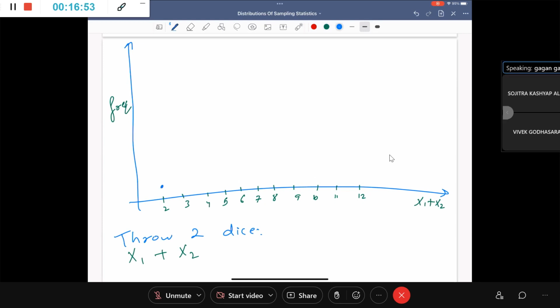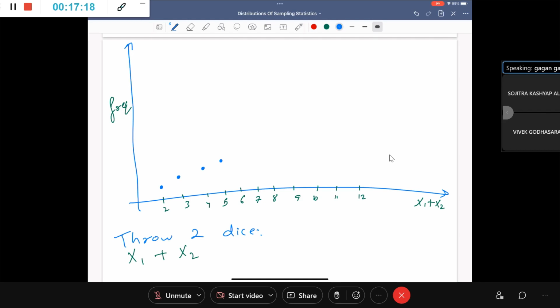What is the probability of getting a 3? 2/36. Double in height. What about 4? 3/36. Will it keep increasing forever?